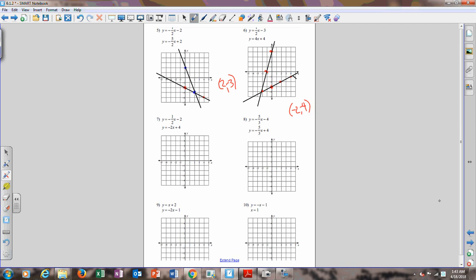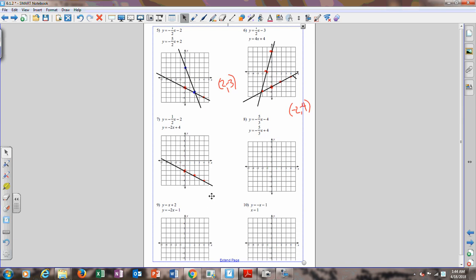Number 7. Start by going down 2, make a dot, go down 1, right 2. That's our first line.